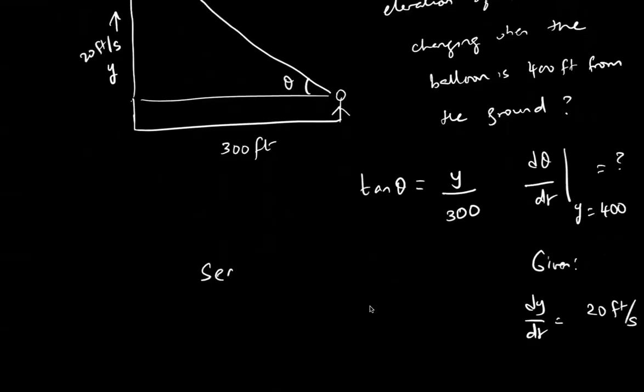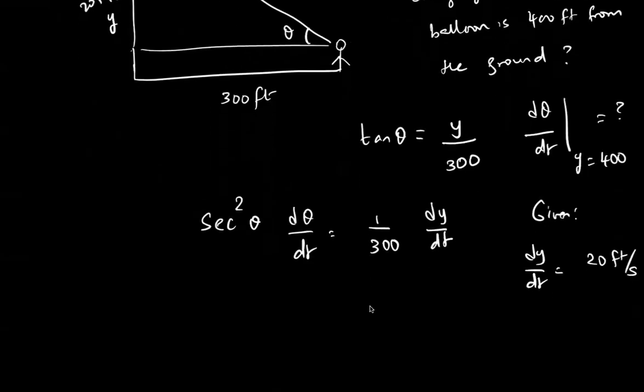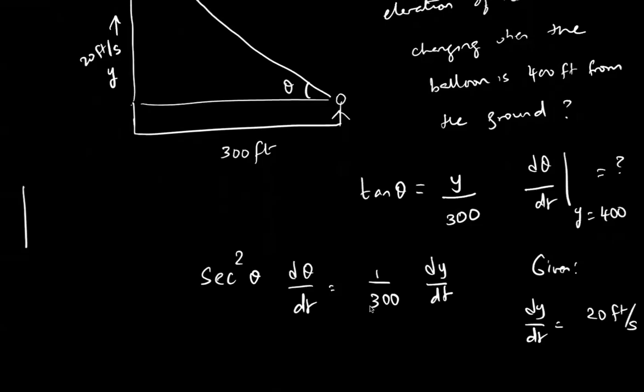The derivative of tangent is secant squared theta d theta/dt is 1 over 300 dy/dt. Okay. So now this instant that I have, this is my theta, this is 300. The instant in question, y is 400.